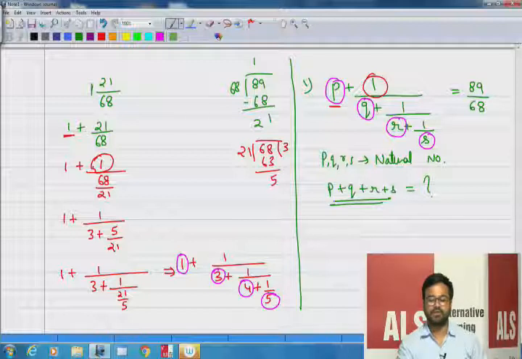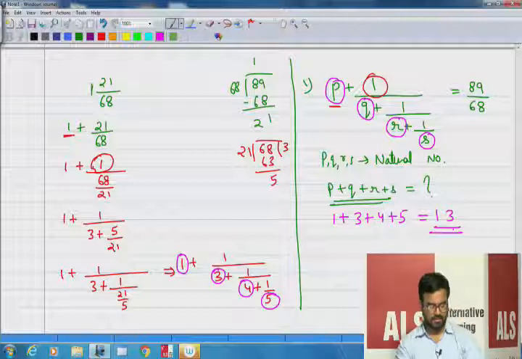So we have to find the value for P plus Q plus R plus S. So this is 1 plus 3 plus 4 plus 5, which is equal to 13. All of you got it?